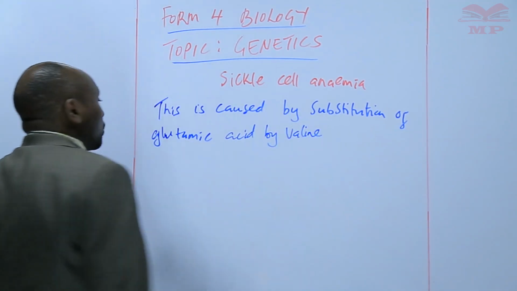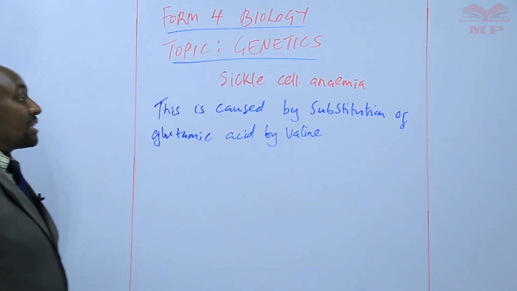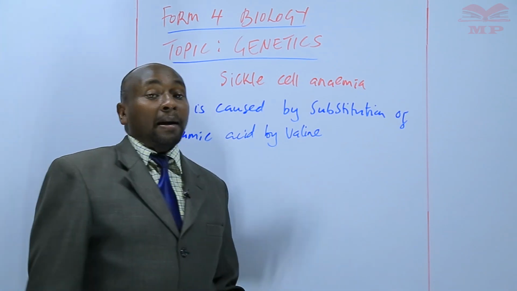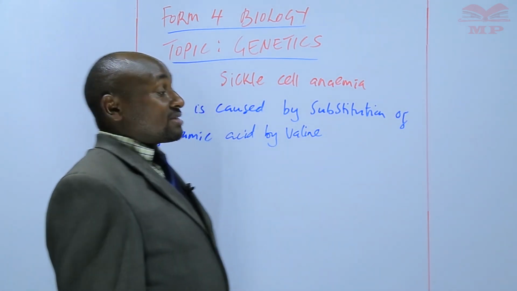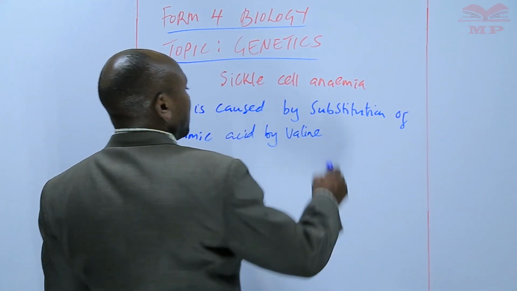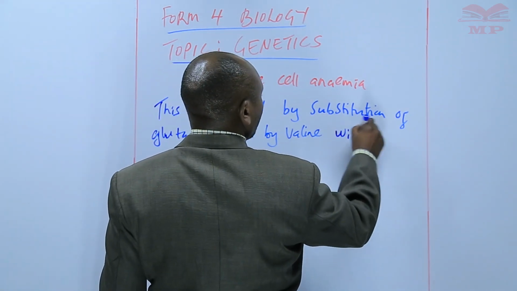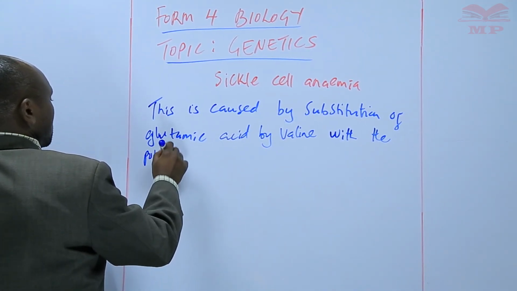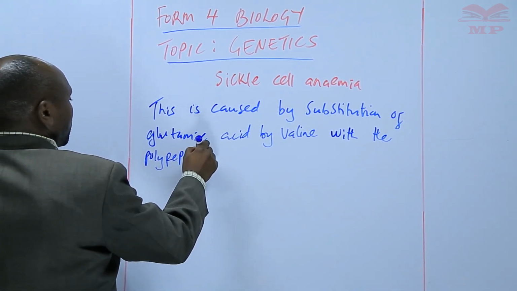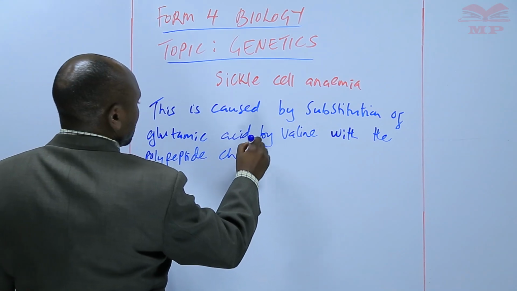So glutamic acid is an amino acid that is substituted for by another, different amino acid that is known as valine within the protein or the polypeptide chain.